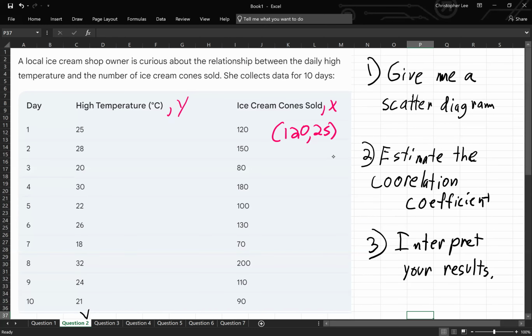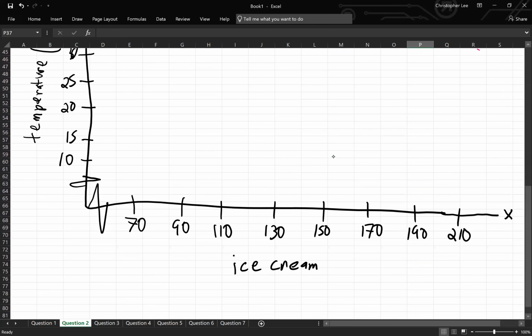So now let's mark that up. I have 120 and 25, right? I think 120 is somewhere like here. Go up to where 25 is, and boom. You don't have to be super precise, right? Just try your best. We're not computers.